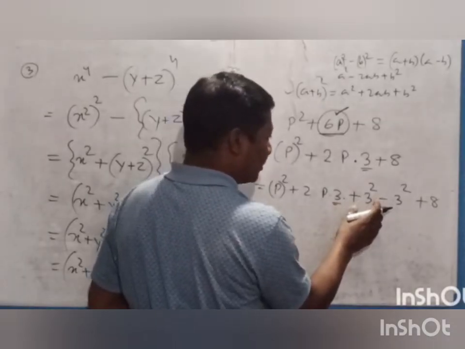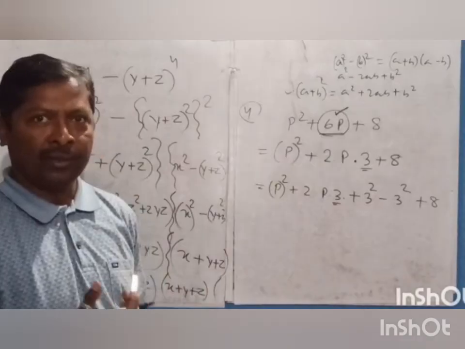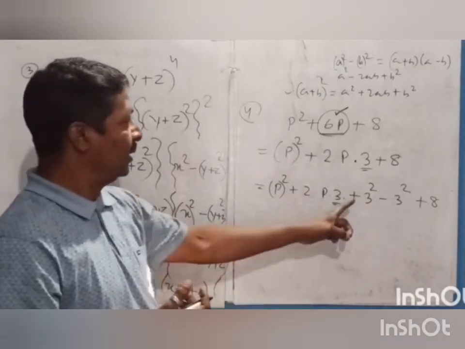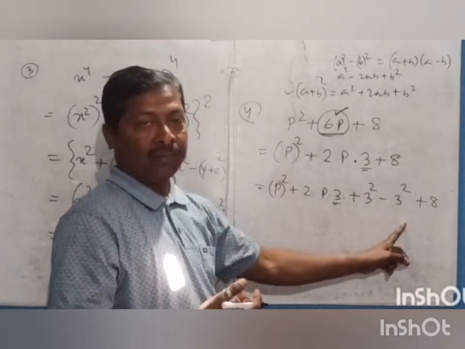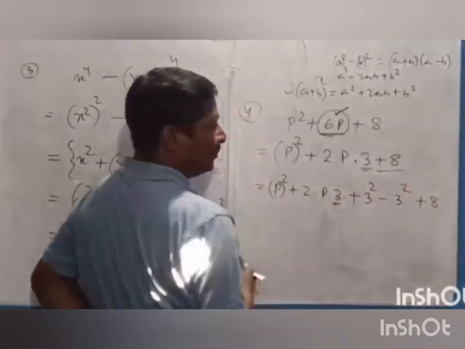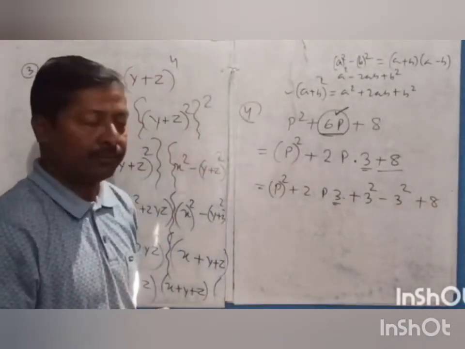But I cannot just add 3 square; I can add 0 to any term without changing its value. So I am adding 9 minus 9, or 3 square minus 3 square, plus 8. The plus 8 is from the previous step and cannot be omitted, so it is written in the end.